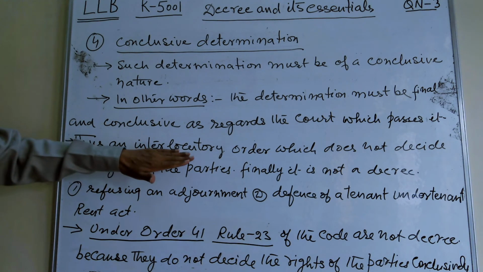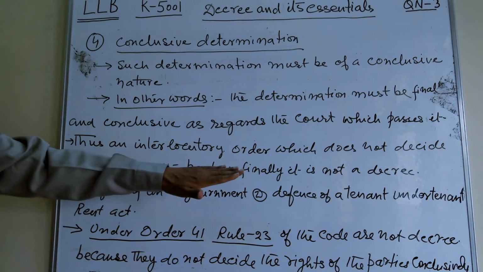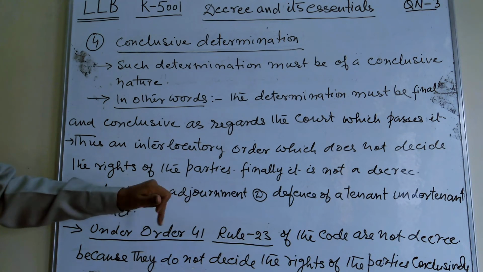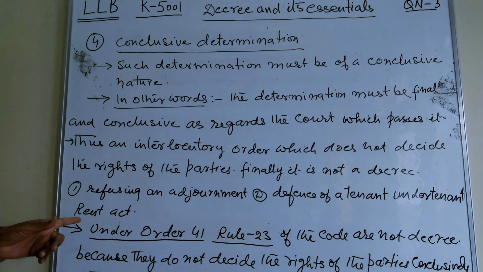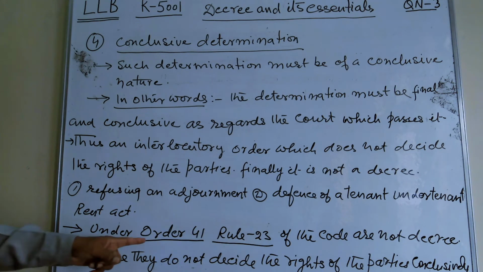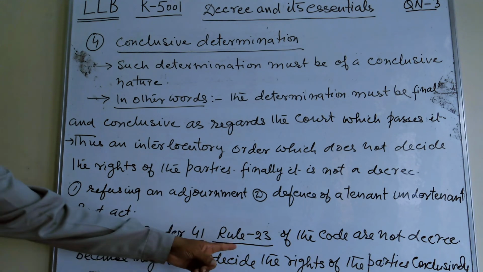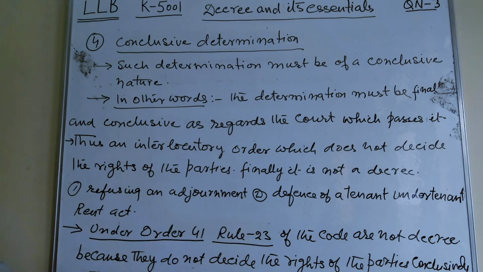Thus, an interlocutory order which does not decide the rights of the party finally is not a decree. For example, refusing an adjournment and defense of a tenant under the Tenant Rent Act. Under Order 41 Rule 23, these interlocutory orders are given, but these orders are not decrees because they do not decide the right of the parties.